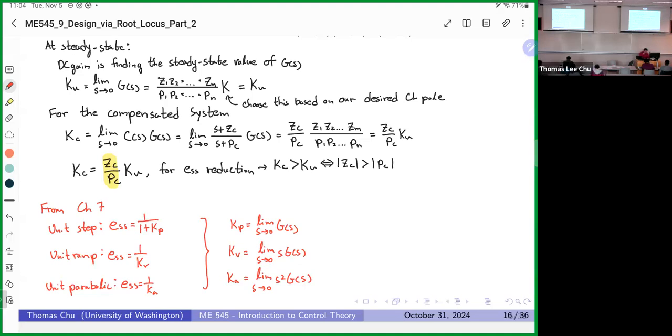So then if I want to find the error of the compensated systems, I guess KPC is going to be equal to KU times KP.